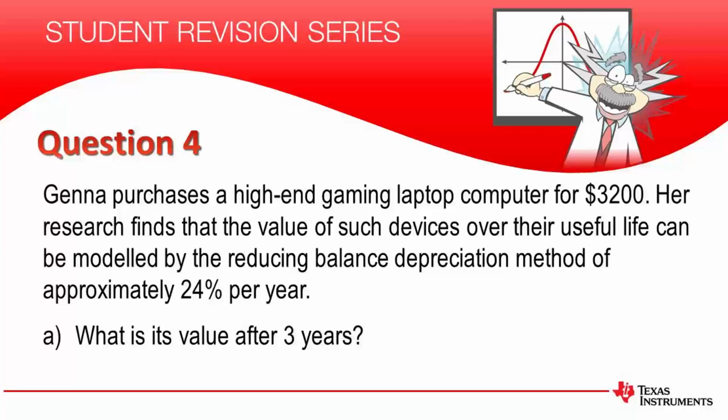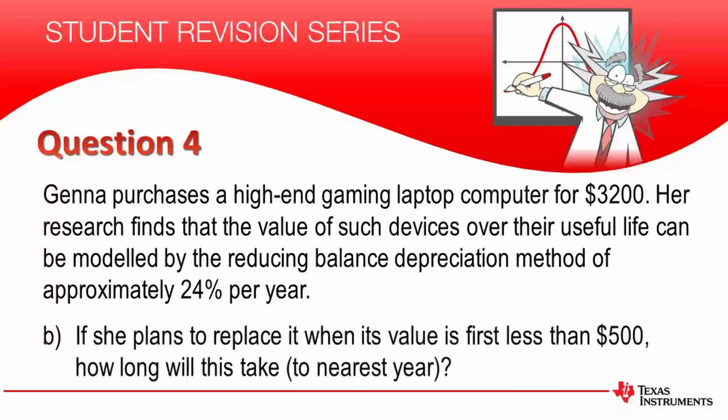So in this example, Jana purchases a high-end gaming laptop for $3,200 and discovers when she researches that usually the market value of such a thing depreciates by about 24% per year. First question is, what's its value after 3 years? And if she plans to replace it when its value is first less than $500, how long will this take?